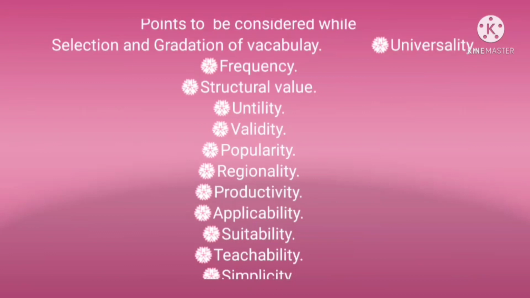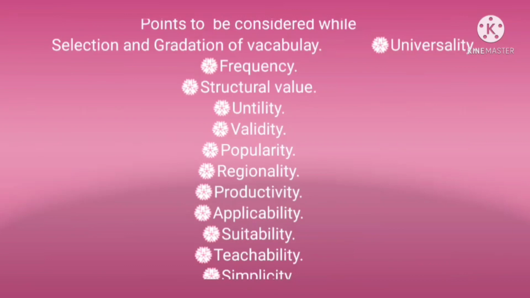And the next is productivity. Words which produce more words with prefixes and suffixes, like harm, harmful, harmless, and read, readable, etc., should be selected first. And the next is applicability. The words which can be used in various situations should be selected.